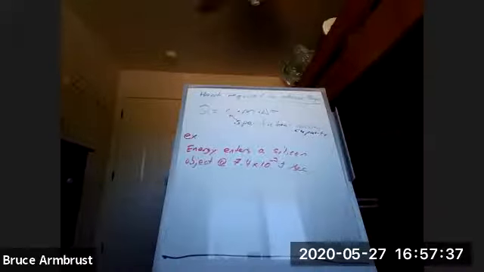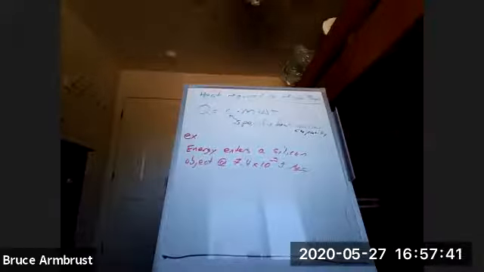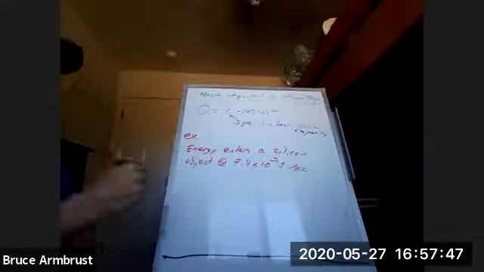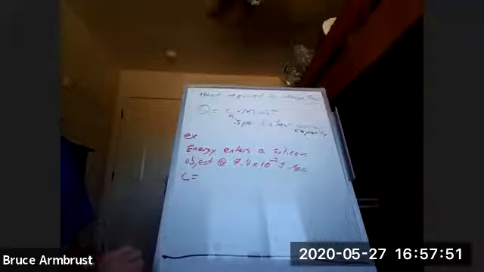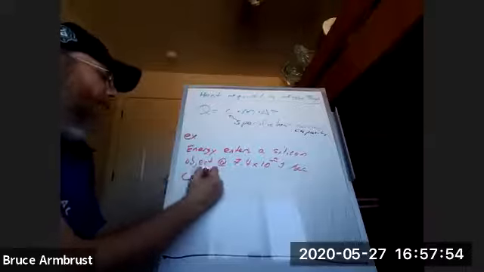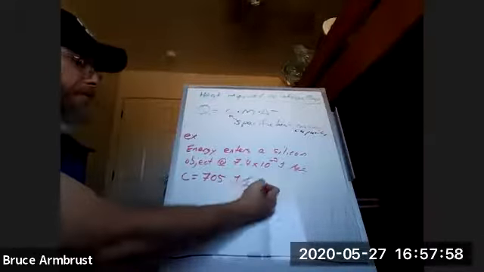So basically, I just gave you watts, right? Joules per second, or watts. So this is 7.4 milliwatts. All right, I will tell you that c for silicon is 705 joules per kilogram.